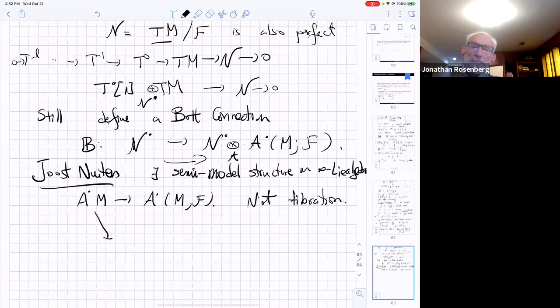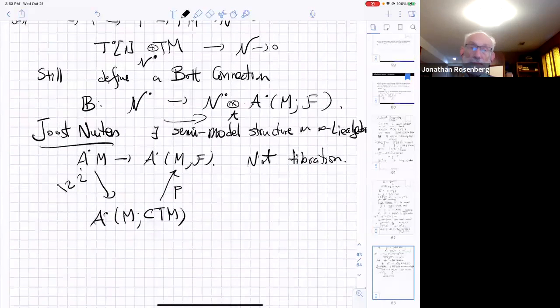But you can construct an equivalence, let's call that iota, to A dot of M, C of Tm. So C of Tm is actually another infinity Lie algebroid, and it maps here. So this is a quasi-isomorphism, and this map here is a projection that's actually onto, and it makes this diagram commute.